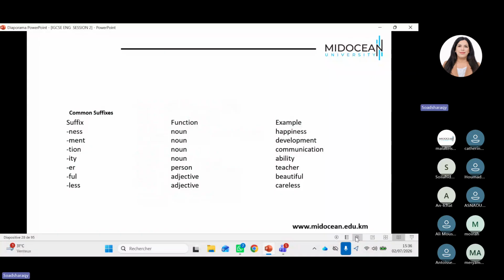Here you have common suffixes, the function and the example. You have the suffix ness, the function noun, example, happiness. Then ment, development, tion, communication, okay. ity, like ability, the function noun. er, so person, you have teacher, ful, adjective like beautiful, less, adjective like careless. Okay.